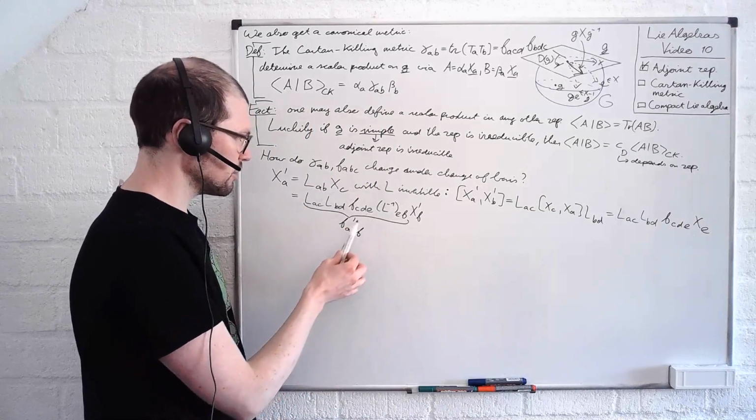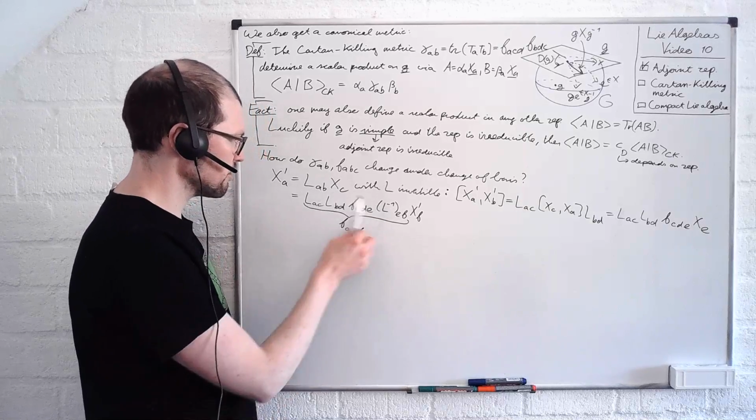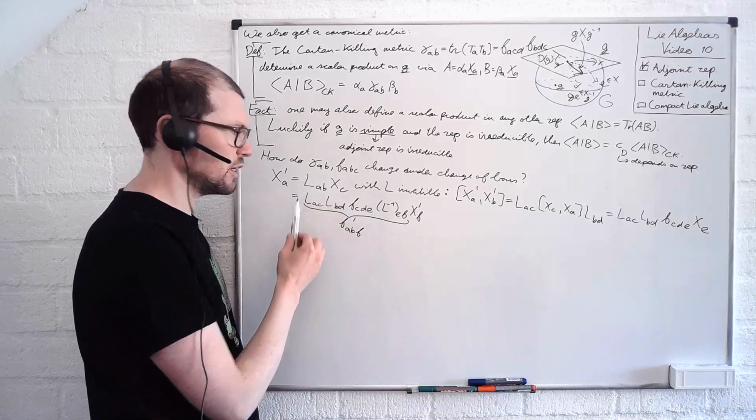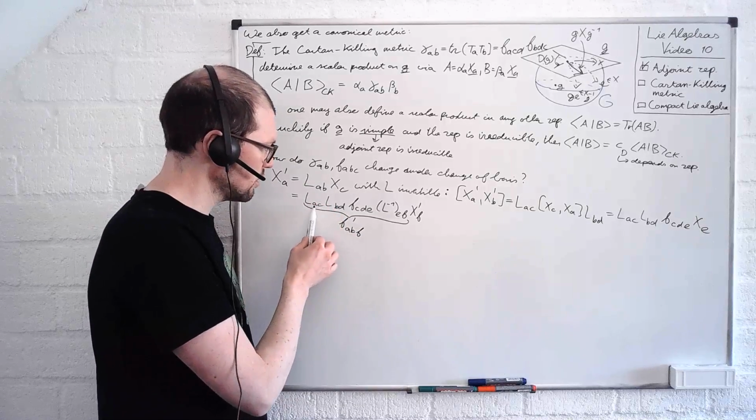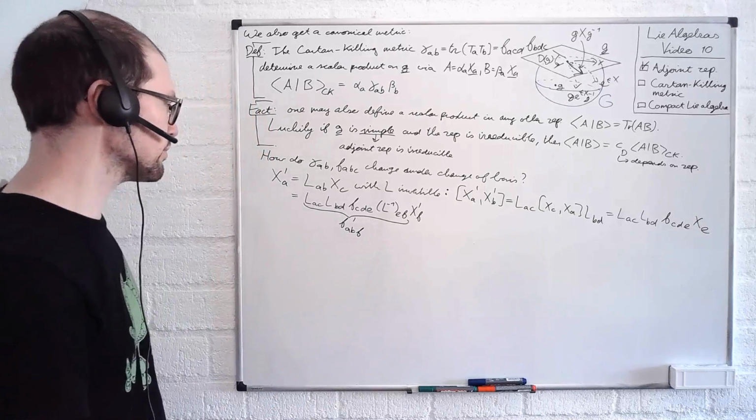When transforming a tensor with three indices, you get three times the linear transformation that we're doing, contracting with those indices.